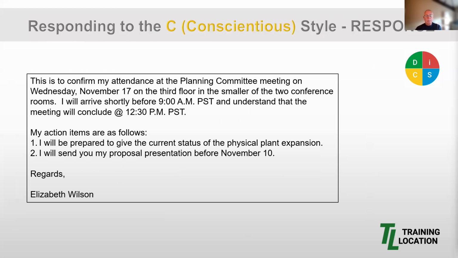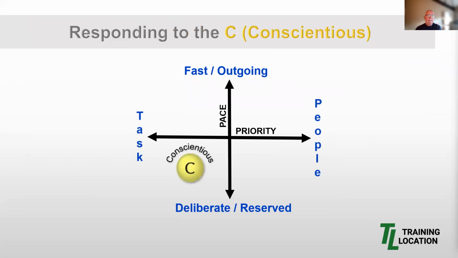I will arrive shortly before 9 a.m. Pacific Standard Time and understand the meeting will conclude at 12:30 p.m. Pacific Standard Time. My action items are as follows. 1, I will be prepared to give the current status of the physical plant expansion. And 2, I will send you my proposal presentation before November 10. Regards, Elizabeth Wilson. So we can see how this response confirms what the C-style email had communicated.